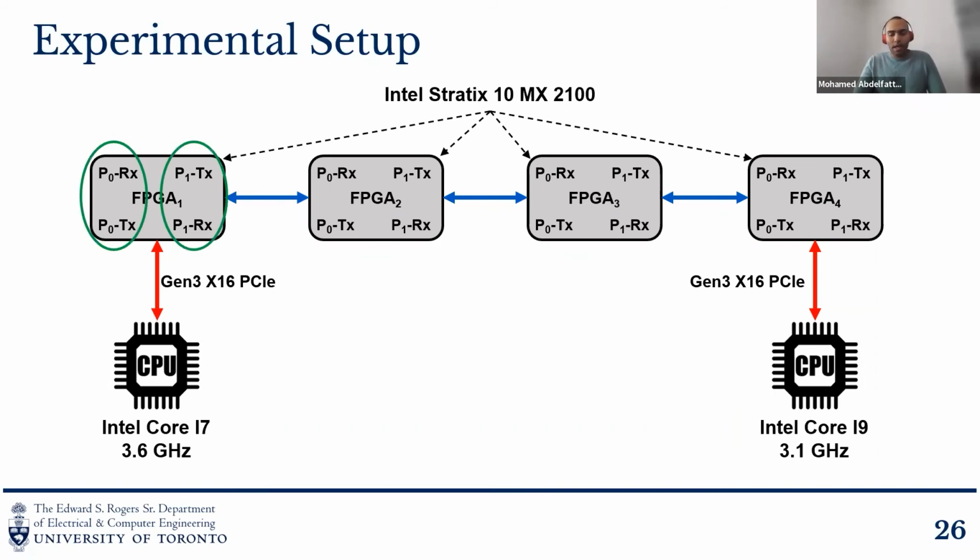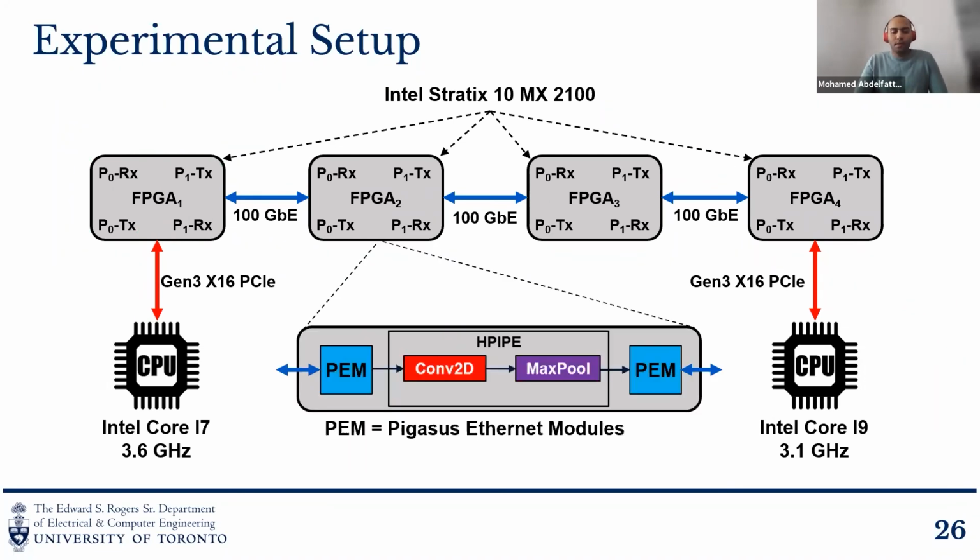Each device has 2 200 gigabit Ethernet ports that allow communication between the FPGAs via low latency 100 gigabit Ethernet. And typically within each FPGA, we utilize some of the Pegasus Ethernet modules to handle Ethernet related operations. And then we have our accelerated layers from HPIPE.